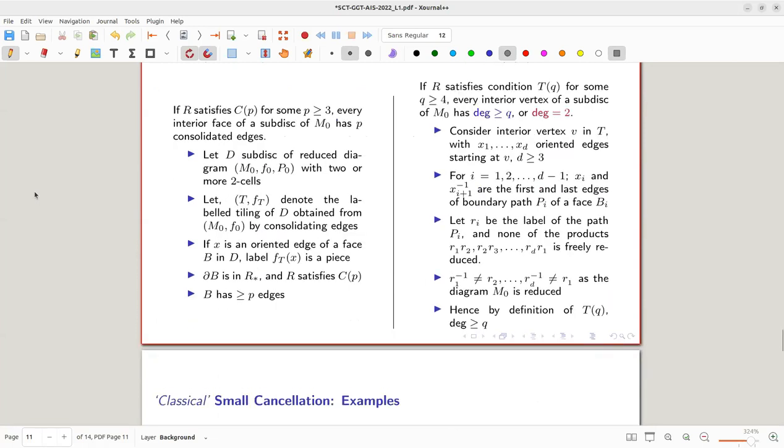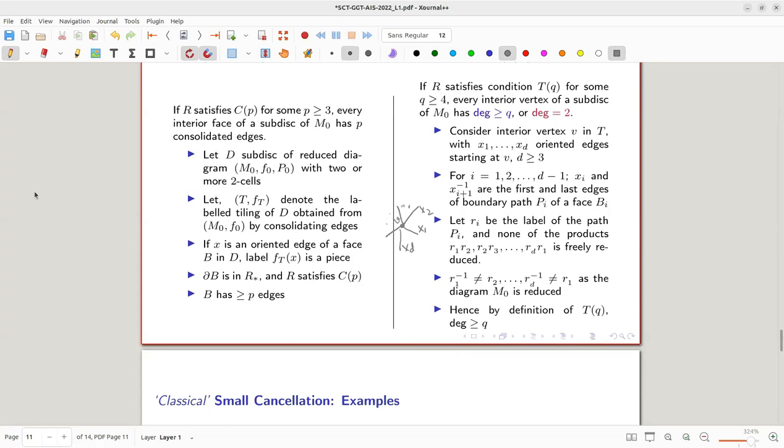So consider an interior vertex V in that diagram, in the tiling T, with x1, x2, ..., xd oriented edges starting from the vertex V. Now for i from 1 to d minus 1, xi and x(i+1) inverse are the first and last edges of the boundary path pi of a face bi.